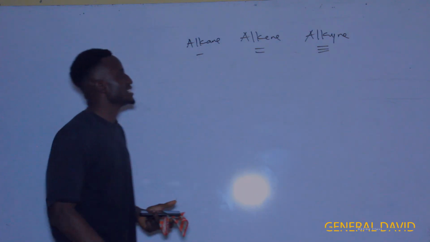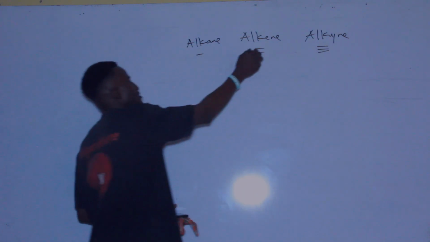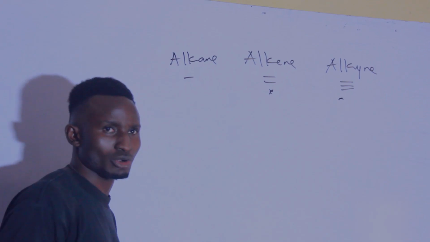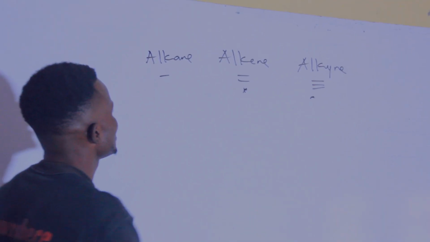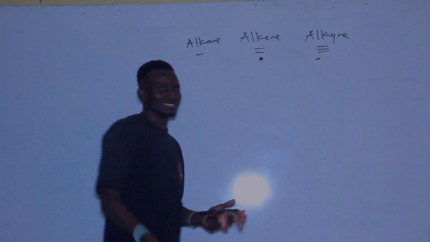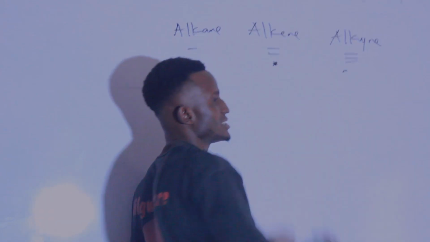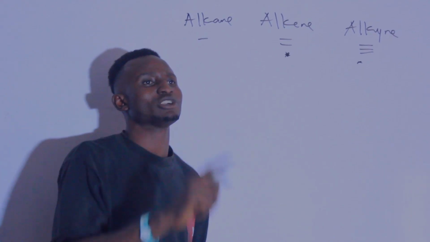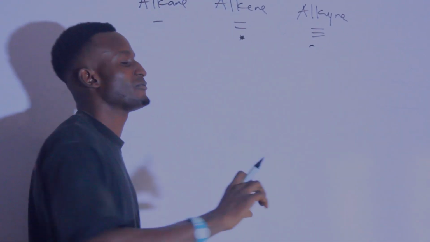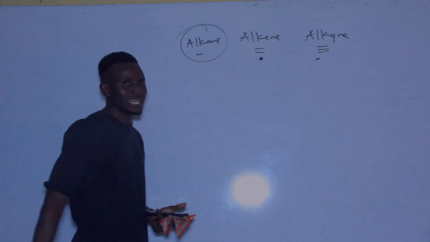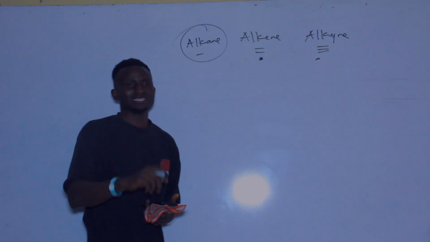Whenever there is a double bond or triple bond in the structure, the law says the double bond supersedes the ligand, or the triple bond supersedes the ligand. So when the functional group is different from the alkane family, the functional group supersedes the ligand.